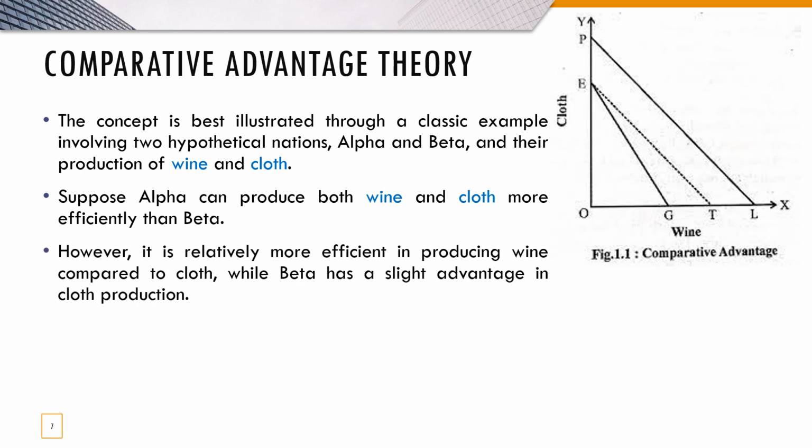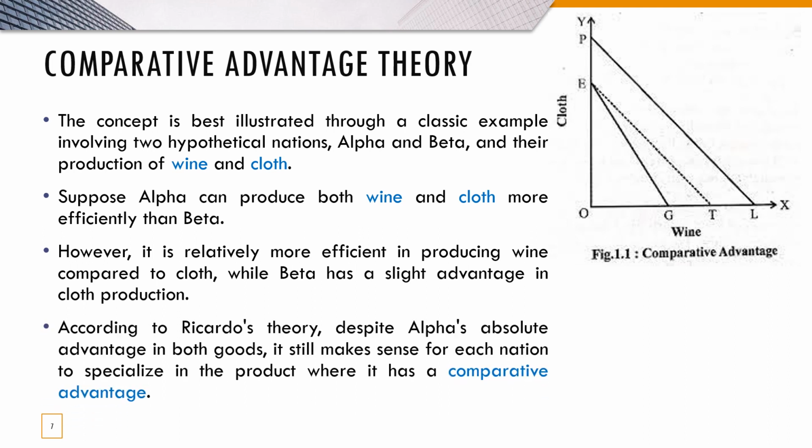However, it is relatively more efficient in producing wine compared to cloth, while Beta has a slight advantage in cloth production. According to Ricardo's theory, despite Alpha's absolute advantage in both goods, it still makes sense for each nation to specialize in the product where it has a comparative advantage.